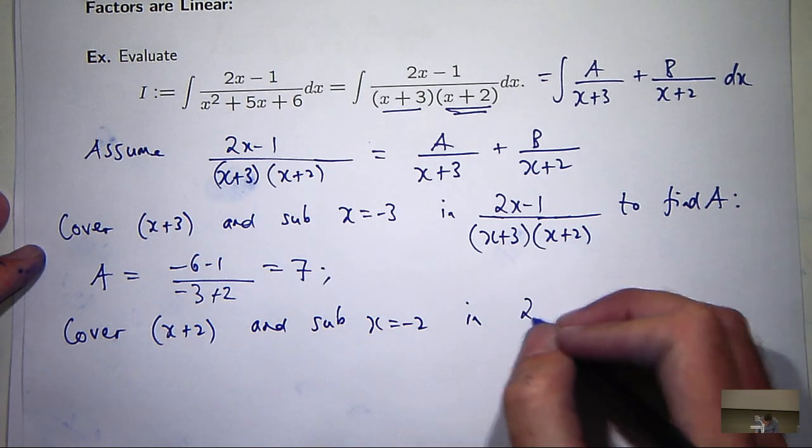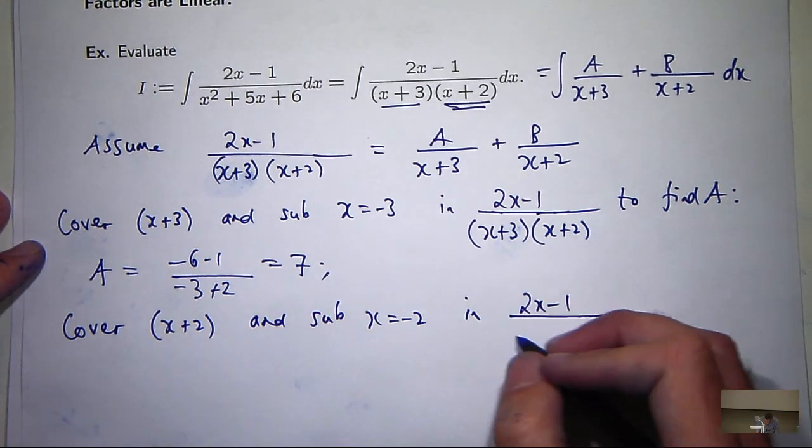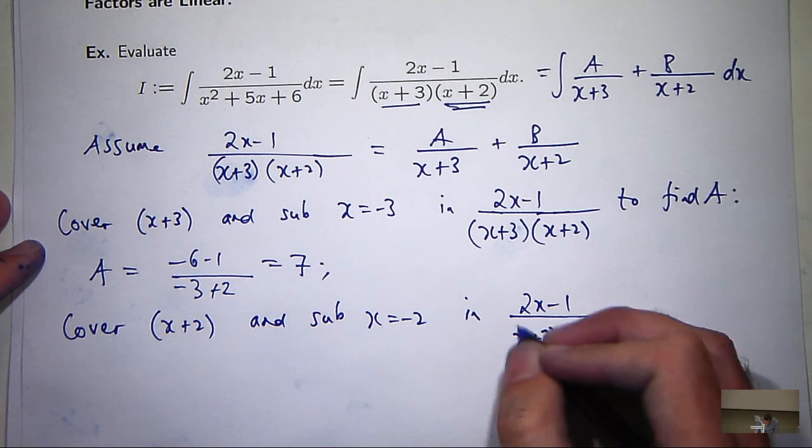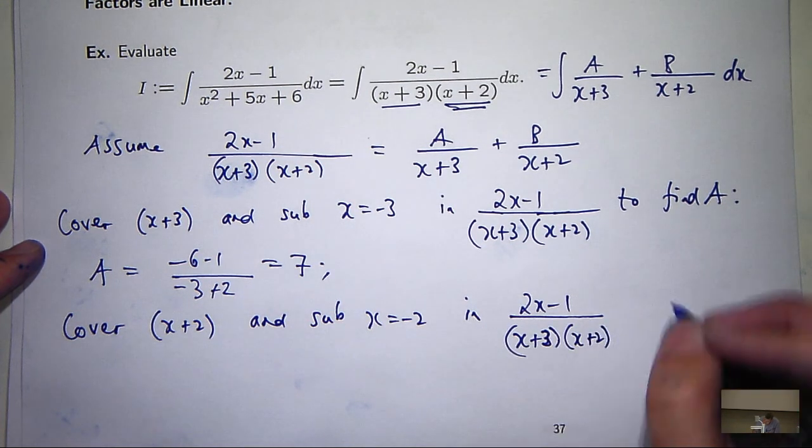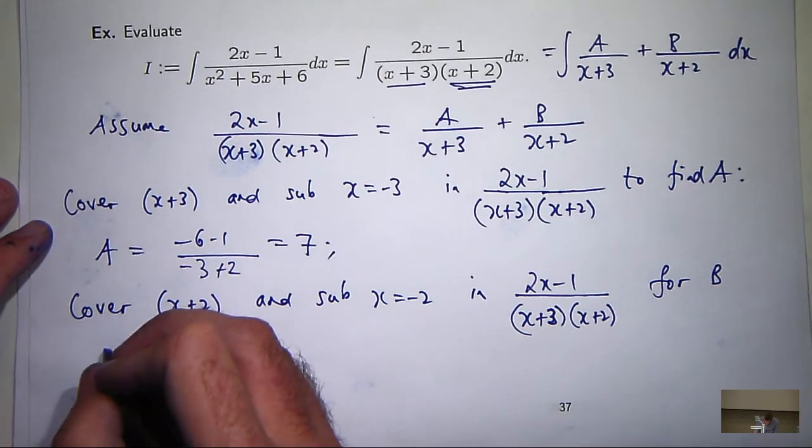Big B equals minus 5. That's it. Go Heaviside. That's it.